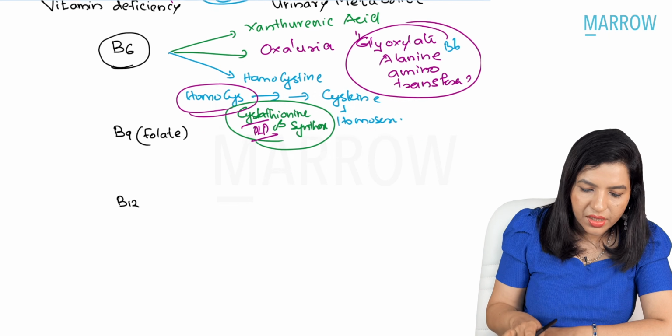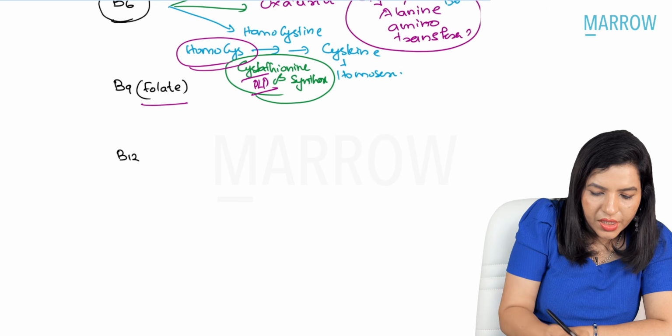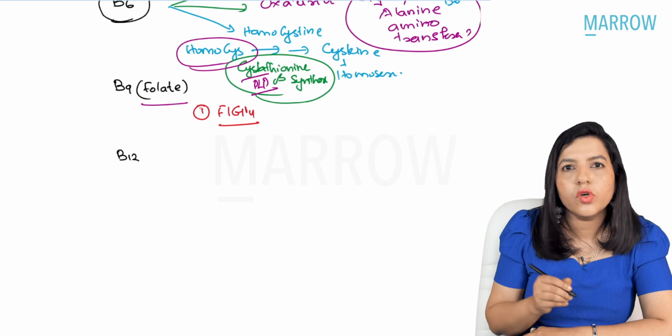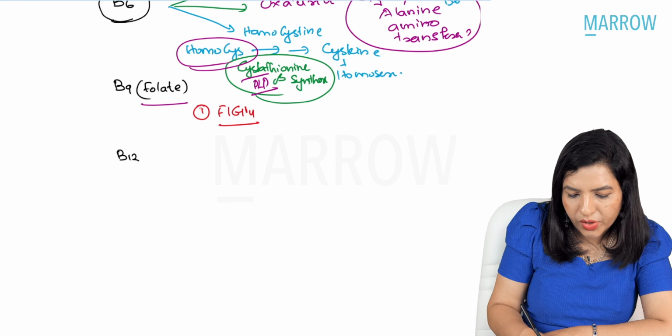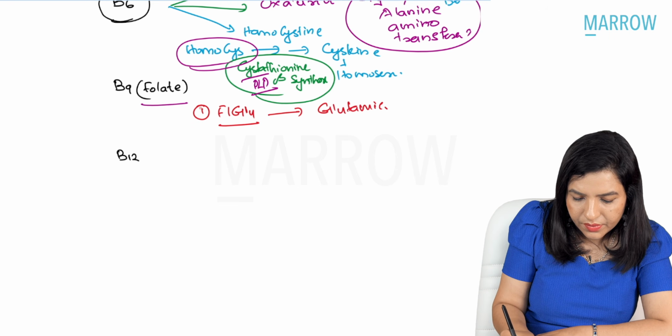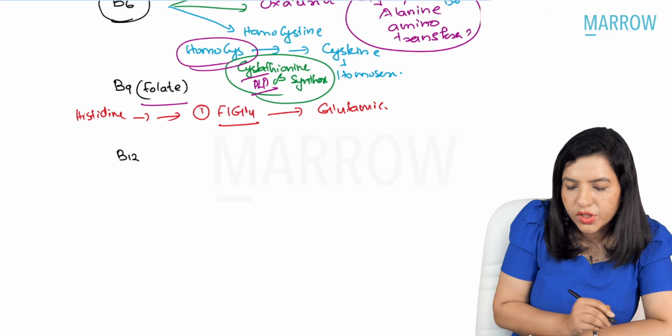So these are the three urinary metabolites. Now what about folate deficiency? In folate deficiency, number one is formiminoglutamic acid, that is FIGLU. Because we know that formiminoglutamic acid is converted to glutamic acid, and this comes in histidine metabolism. So in histidine metabolism this FIGLU is formed.